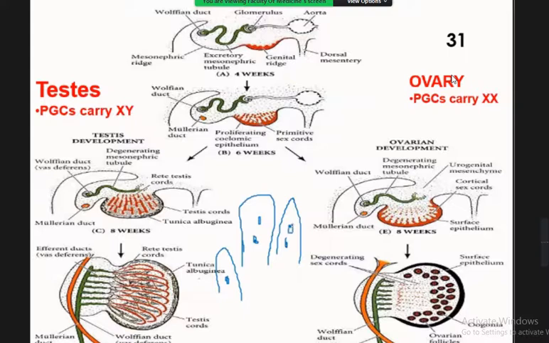That at the end of it all, we are going to have these testis cords, the medullary cords, having a wall, and within this wall, there are primordial germ cells.